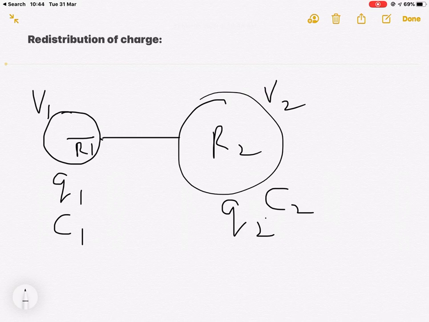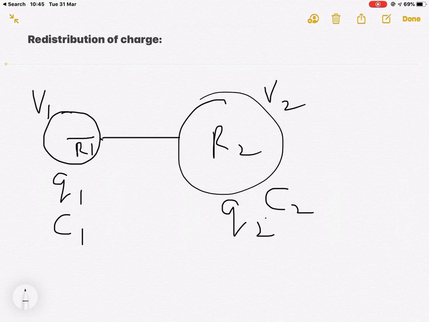So we can easily relate this scenario with the example we have done earlier, that the container containing larger amount of liquid is because it has greater capacity. Similarly, we can say the conductor having greater capacity will attain greater amount of charge.